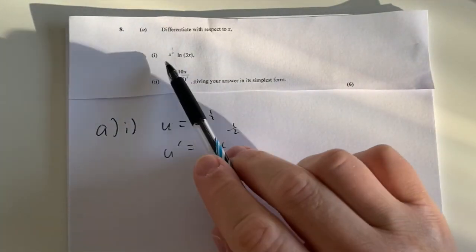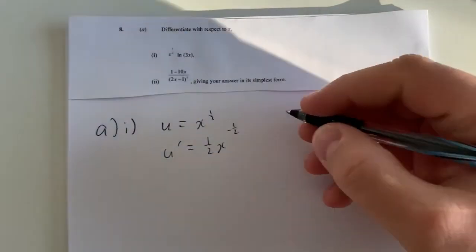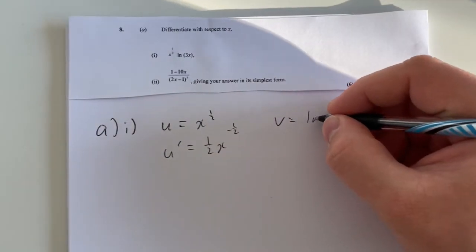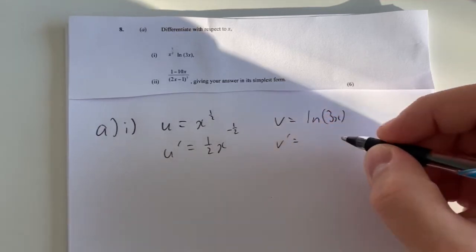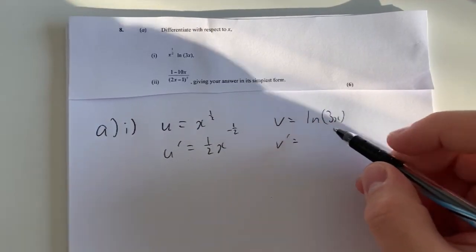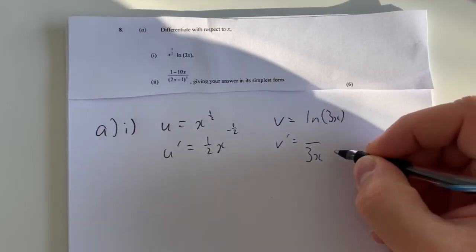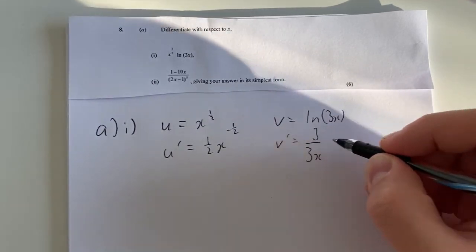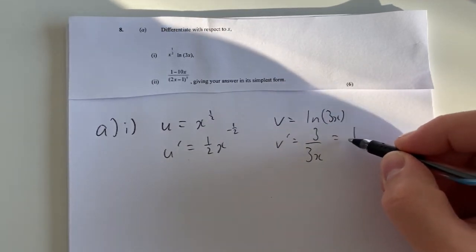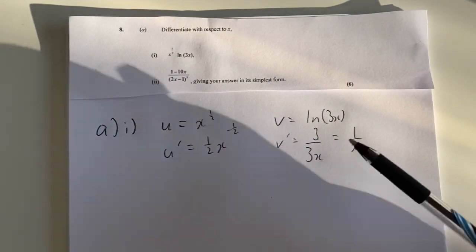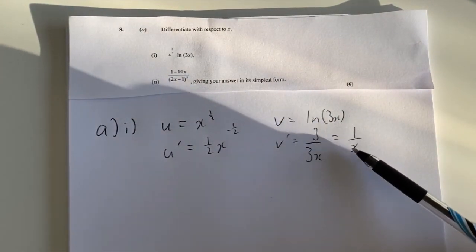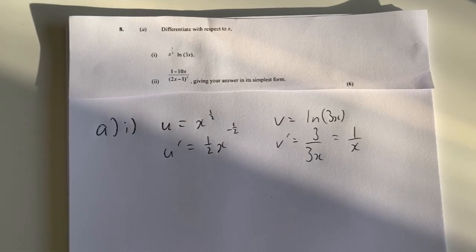So that's our u and this one as our v. So if that's log of 3x, v dash, if you remember, is the differential of the function on the top over the function on the bottom, so that cancels down to 1 over x. I mentioned in one of the previous videos that if you have log of any number of x, it's always equal to 1 over x.